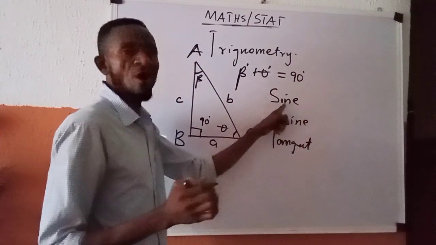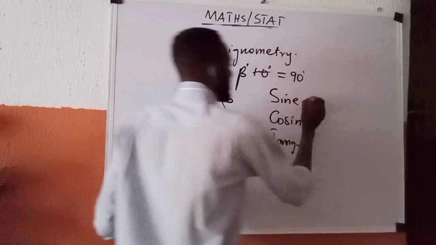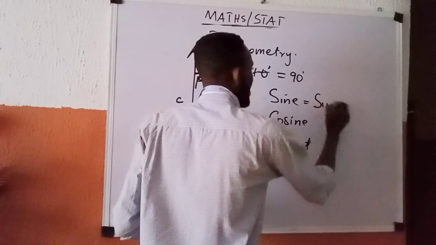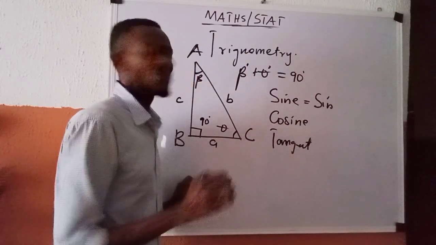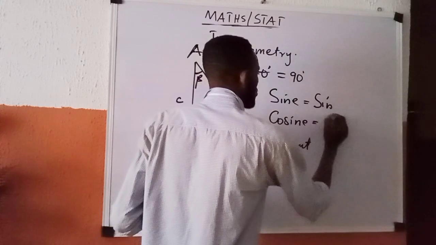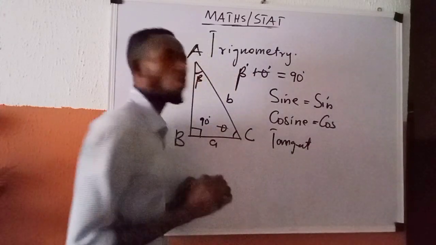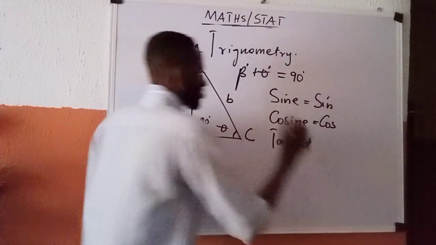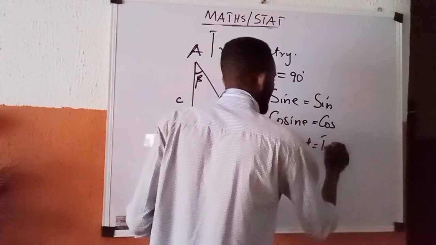The short form of sine is always written as S-I-N, sin. The short form of cosine is always written as C-O-S, that is cos. While the short form of tangent is always written as tan.